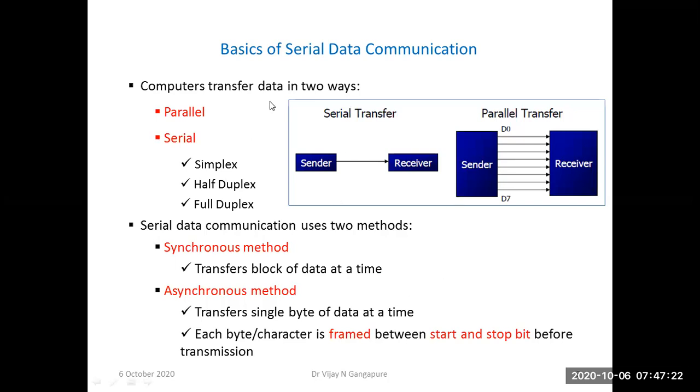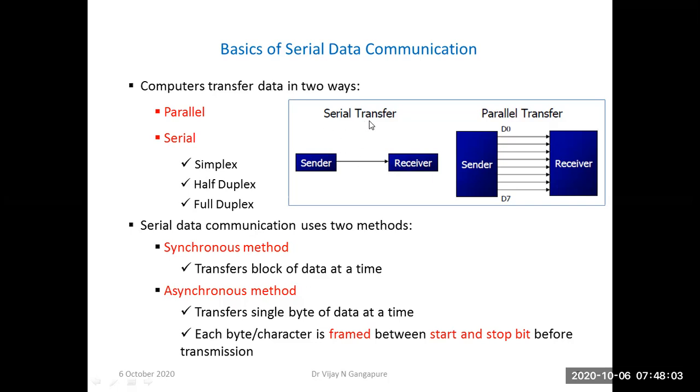So let us see serial data communication. As you know, computers, or we can say microcontrollers or microprocessors, can transfer data in two ways. First is serial transfer. In that case, between sender and receiver, bits of data are transmitted serially on a single line, and received by the receiver serially.